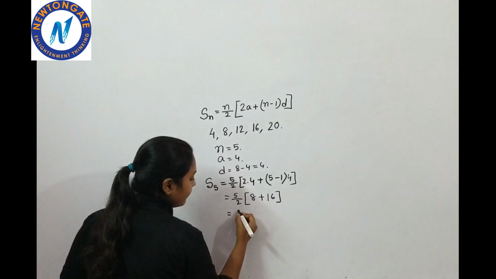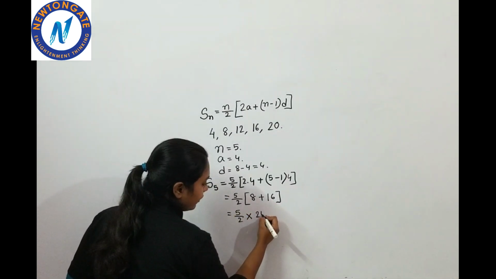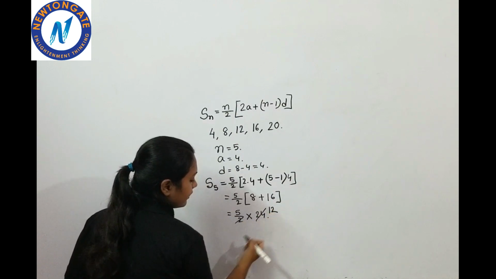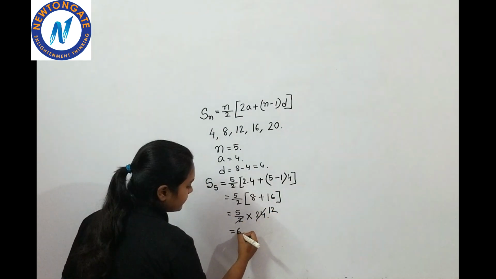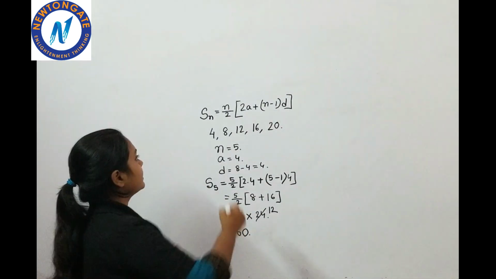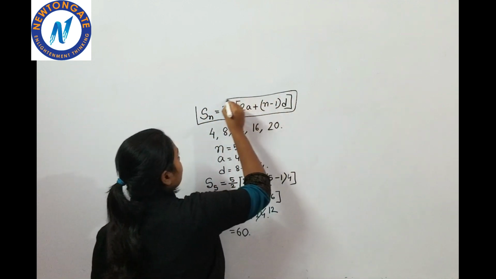Right? Then 5 by 2 into 24, and this is 12, and the answer is 60.